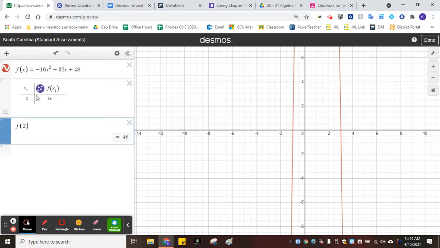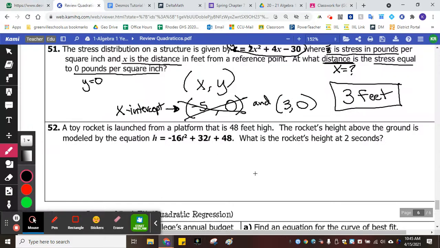I would only use the table if I was going to find multiple numbers, like if I was going to graph it myself. But since I'm just finding 2, I do it this way. So 48 feet. I showed a lot of work there, didn't I?